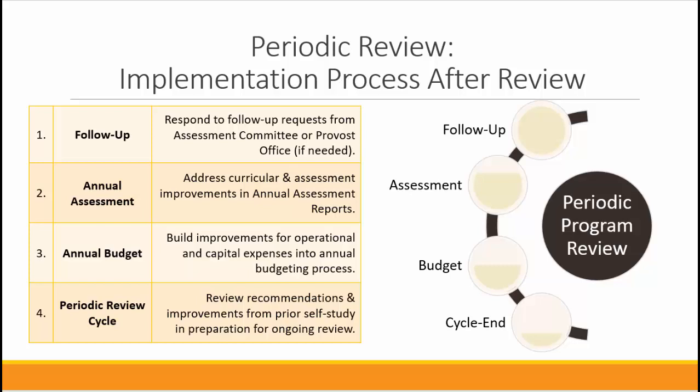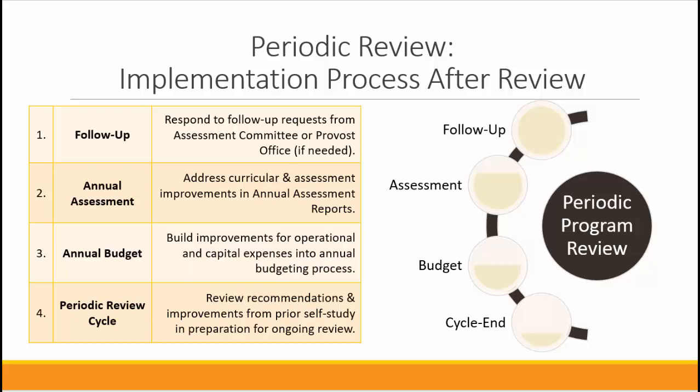Anything that's scored as 0 needs to be followed up within the immediate year. A 2 is considered meeting standards, and a 3 is considered exceeding standards. So just pay attention to the follow-up. You'll have an annual meeting wrapping up the assessment committee's findings. If you have any questions, that's the time to ask about their feedback.